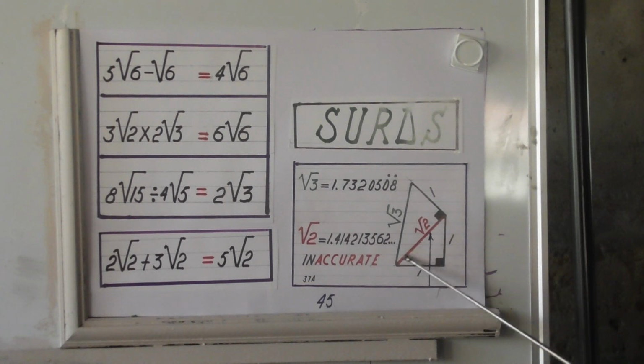So if I keep this and then I do a right angle here 1, then this square plus this square is 3, and this is then the square root of 3.